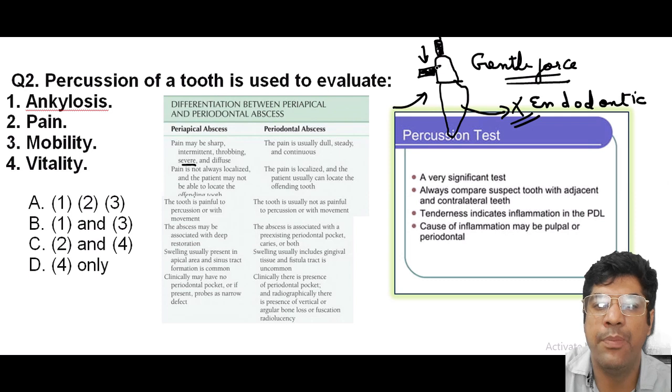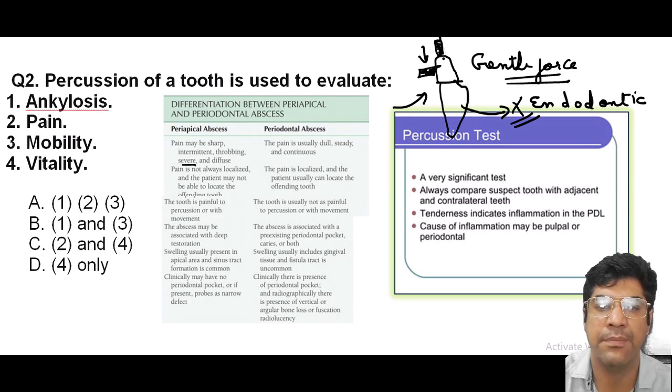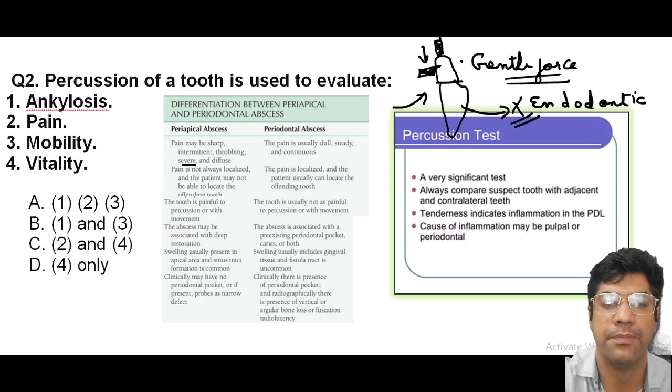That will help us to differentiate between endodontic or periodontic problems. If the patient experiences more sensitivity to horizontal percussion than the vertical percussion, and there are no signs or symptoms suggestive of endodontic disease, it may point to periodontal origin of the problem.